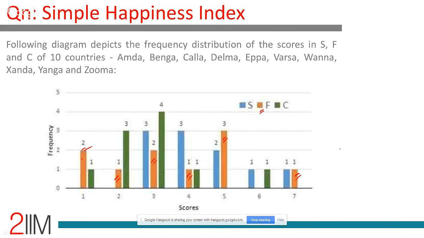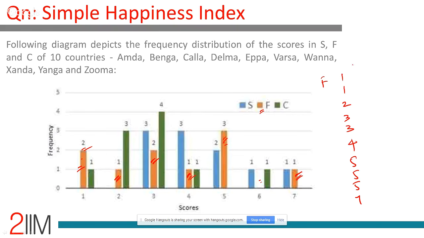And so F scores, if you look at F scores, we've got 1, 1, 2, 3, 3, 4, 5, 5, 5, 7. This is what this diagram means. 2 have got 1, 1 has got a 2, 2 have got 3, 1 has got a 4, 3 have got 5, nobody has got 6 in freedom, and 1 guy has got a 7.